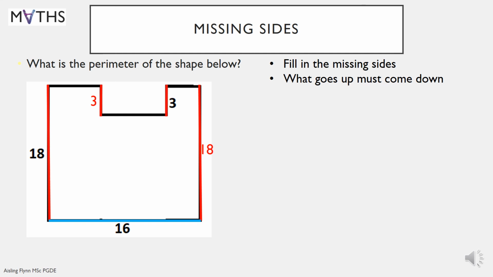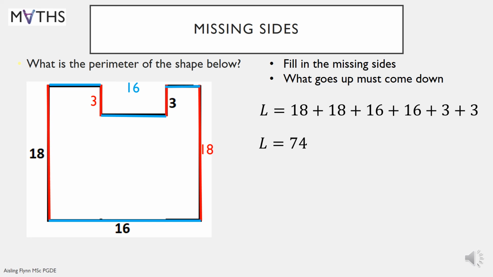The total width horizontally of the shape is 16, which if you look directly upwards, if we put these 3 horizontal lines together, we don't know what they measure individually, but we do know that together they should measure 16. Okay, so what went right must come back left. So adding all those numbers together now, so 2 18s, 2 16s, and 2 3s, we get 74.